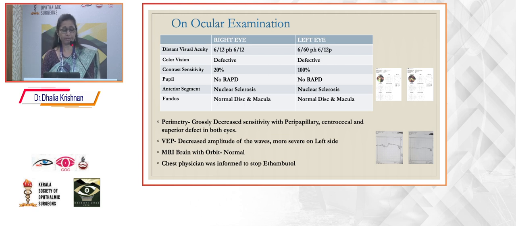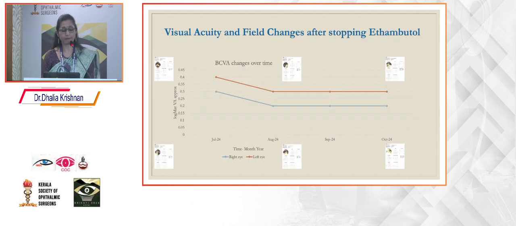Fundus was normal, but the perimetry revealed grossly decreased sensitivity with a lot of defects. VEP showed decreased amplitude of waves, which was more severe on the left side. MRI brain with orbit was normal. So the chest physician was advised to stop ethambutol. After stopping ethambutol, his visual field and acuity improved over the next 3 months.